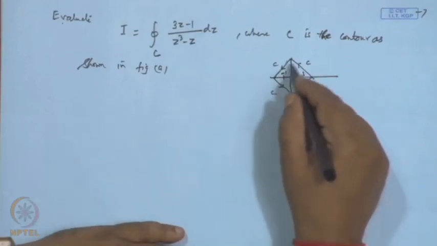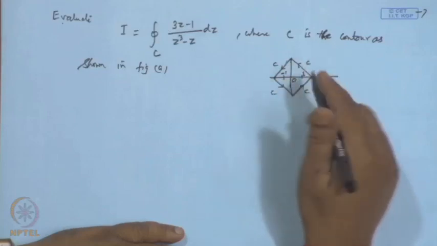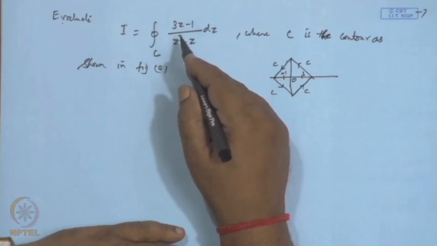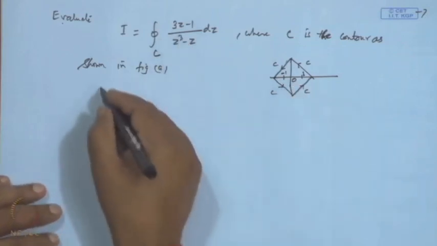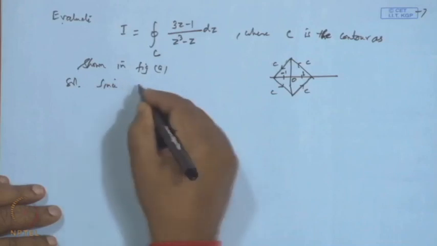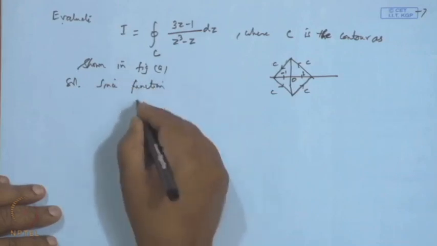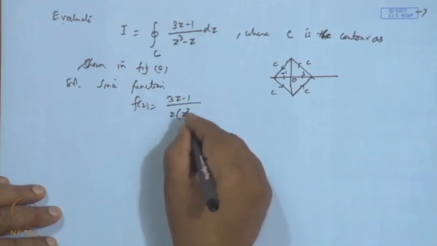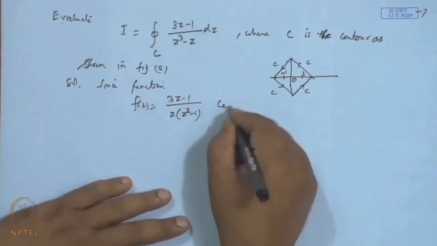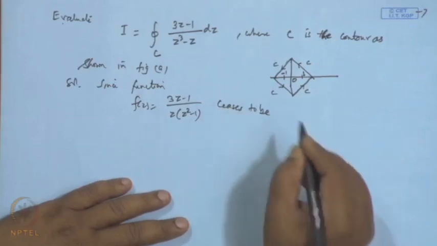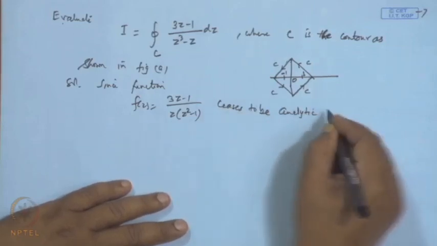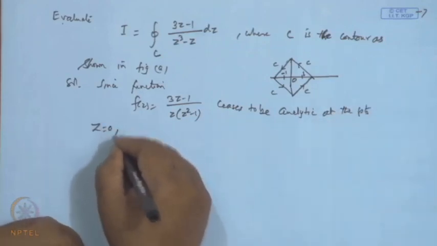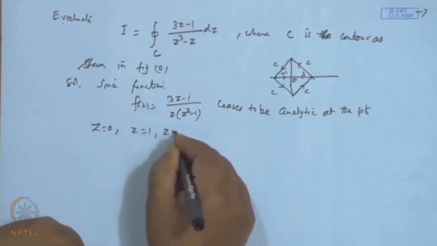Now, if I look at the domain which is inside this closed curve C, you see the function f is not analytic at these points, since the function f(z) = (3z minus 1)/(z squared minus 1) ceases to be analytic at the points z equal to 0, z equal to 1 and z equal to minus 1.